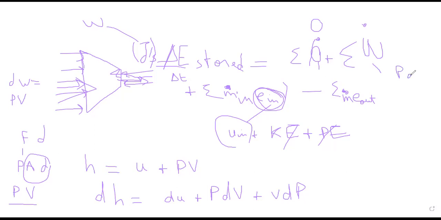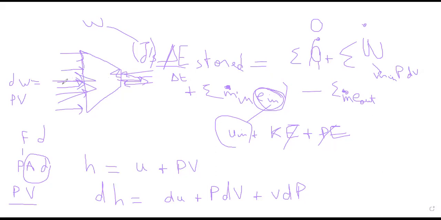While when you account for the change in internal energy here, you also have to add, let's say, m dot in PdV, because the flow coming in will do a positive work, and the flow getting out will lead to a negative work, because at the inlet you have the pressure and the velocity in the same direction.